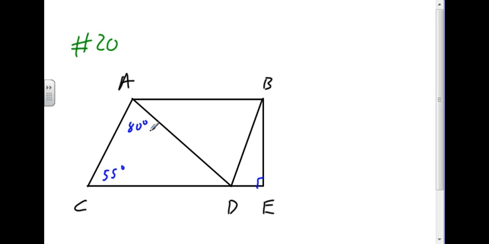ADB is 85 degrees. And this guy is 90 degrees. Okay, so we want to find angle BDE. So we want to find this guy and this side right over there. That's what we're looking for.